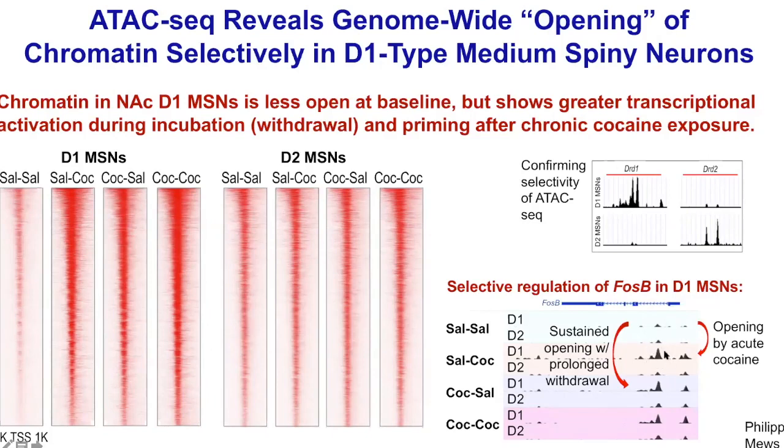It shows signs of opening, but only in D1 cells, consistent with what I said, that it is induced only in D1 cells in response to acute cocaine. It looks like that opening is sustained during withdrawal, whereas little effect is seen in D2 cells. So this is just illustrating how these data sets can be utilized.